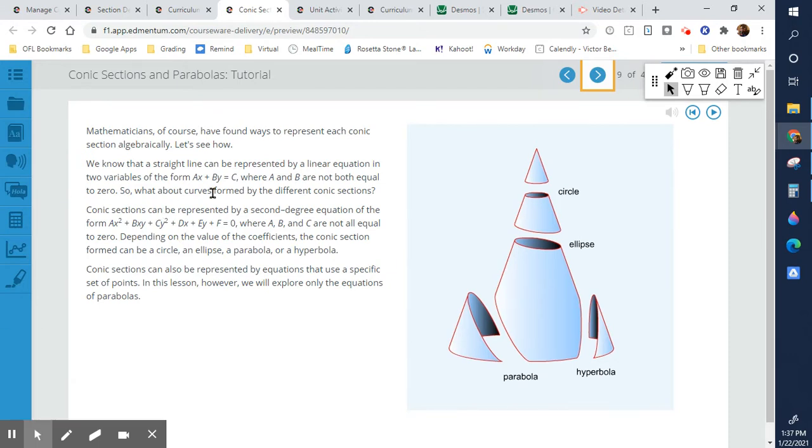So for example, if you have ax plus by equals c, this is a line. A and b are both not equal to zero. Otherwise, it wouldn't really be that good of a line. And then we have other types of formulas. You might see this familiar, how can I describe it?